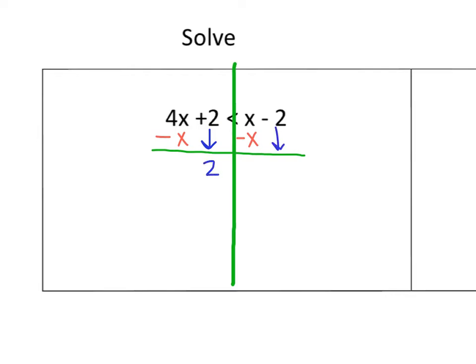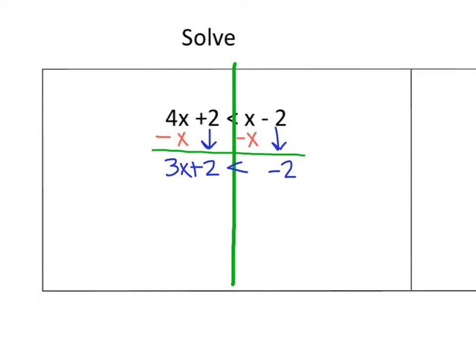I can go ahead and bring down the negative 2. I can keep my symbol. And then I'm going to look over here. This says 4x minus x, or 4 minus 1. So that would just be 3x. And then I need to bring down the plus. So 3x plus 2 is less than negative 2.